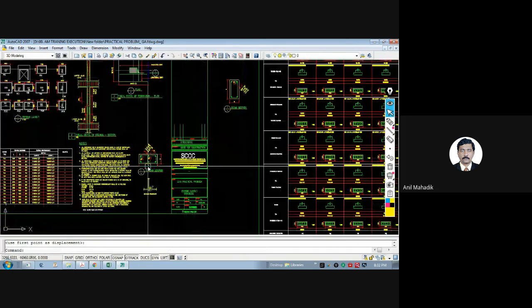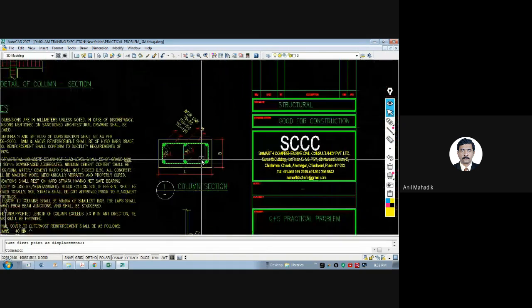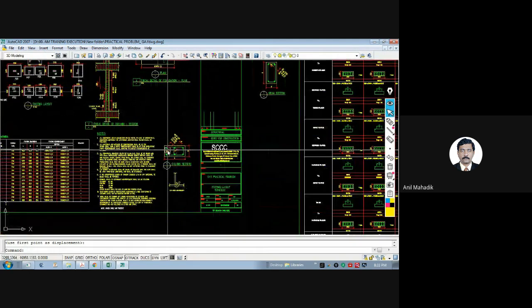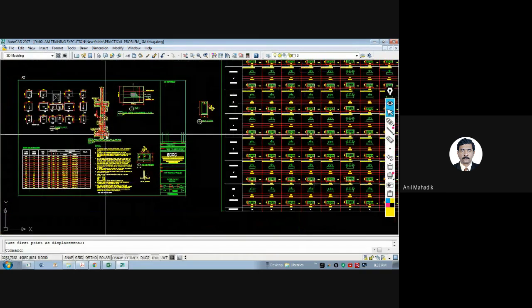That is, the column with only section here. Then give the standard section of the column and the standard plan detail of the column. And then we give the name. I'll come to this point once I start the column.